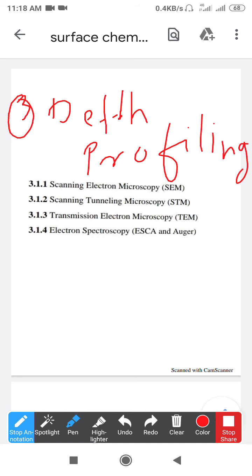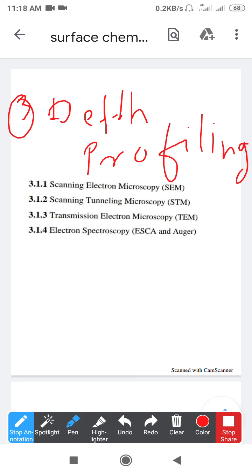In depth profiling, the basic information we need is how much depth there is. We have studied one technique, scanning tunneling microscopy, as well as another technique, atomic force microscopy. Those two techniques are useful for depth profiling. The name itself suggests that we are going to analyze the depth of the atomic surfaces.